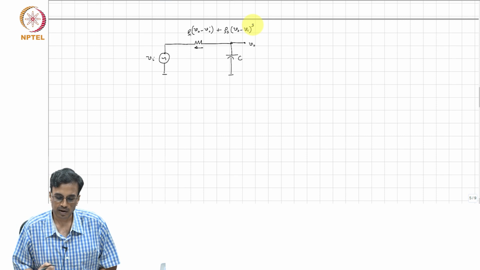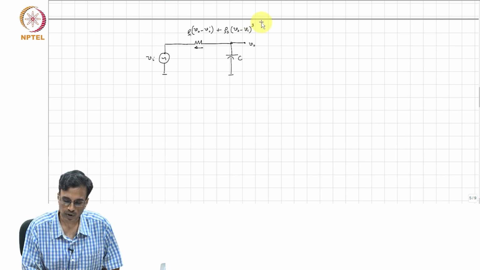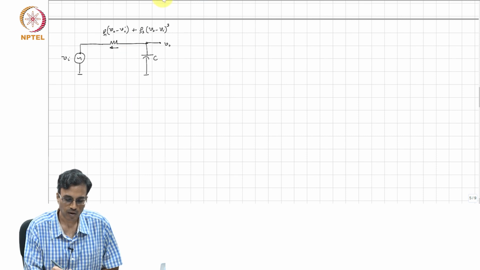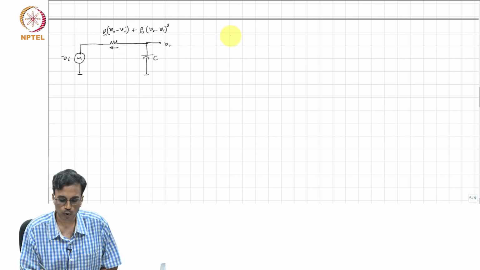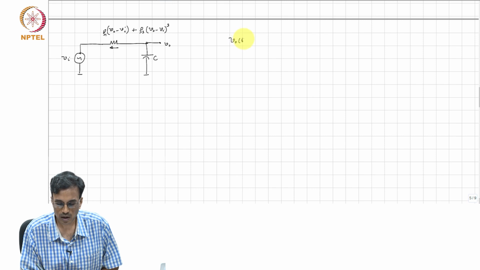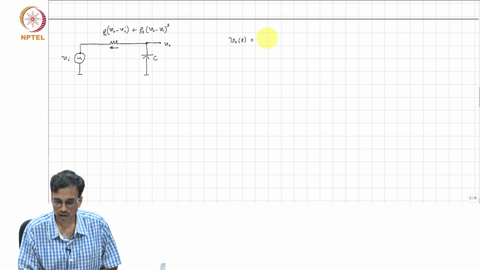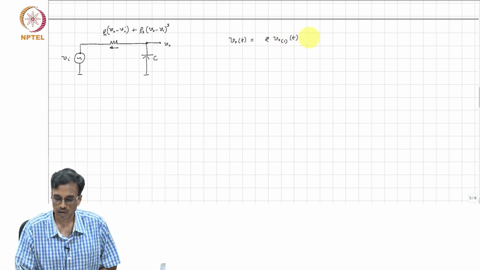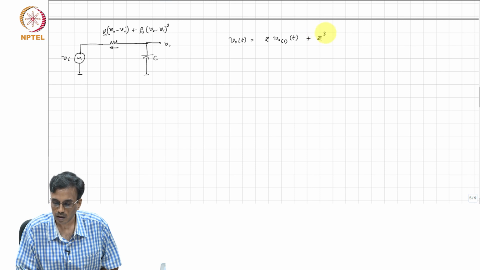So, what do you think? We can of course rewrite all the equations again, but based on what we have seen, what would we expect the output to look like? Vo of t must be of the form Z times V01 of t plus Z cube V03 of t.